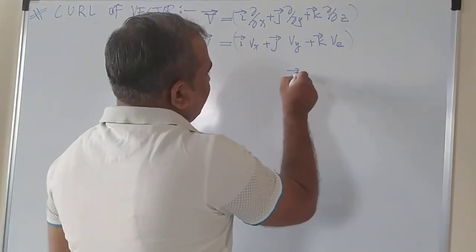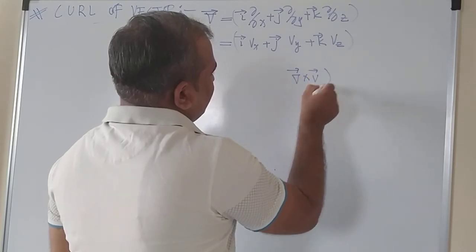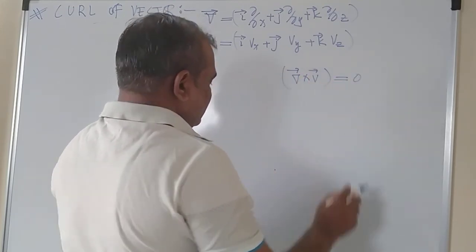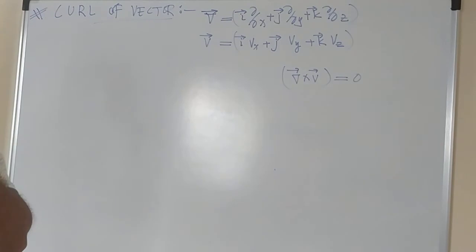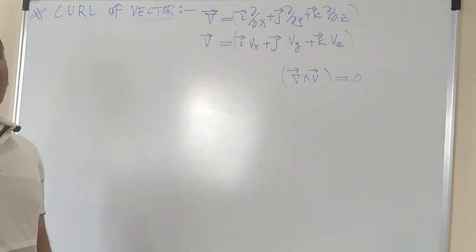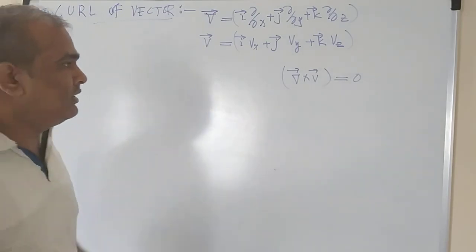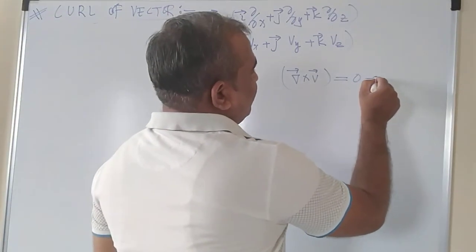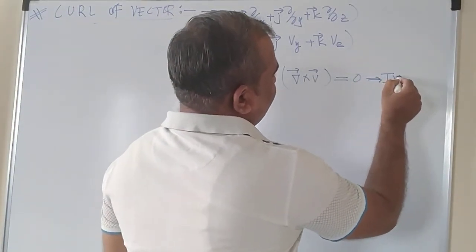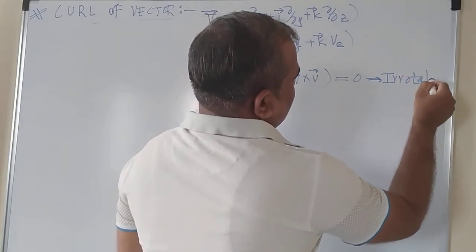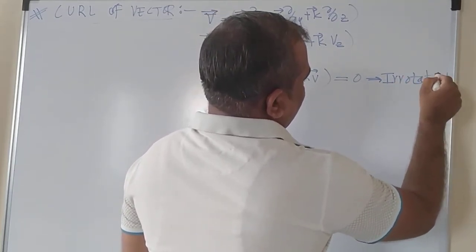So if the curl of the vector is equal to 0, that means the field is not curl, like curly hairs. So the field is not curl, that means this kind of field is called an irrotational field.